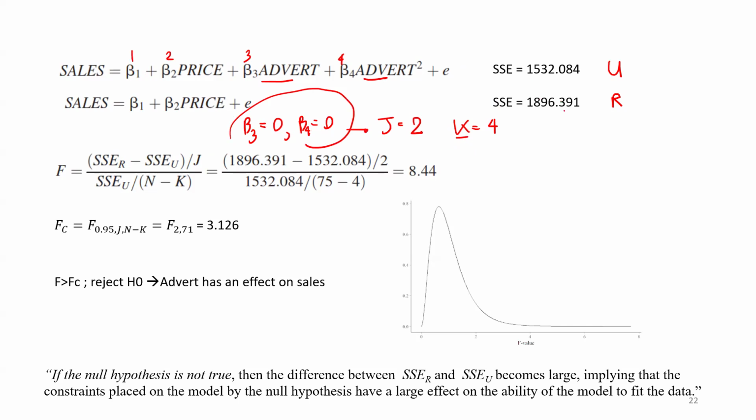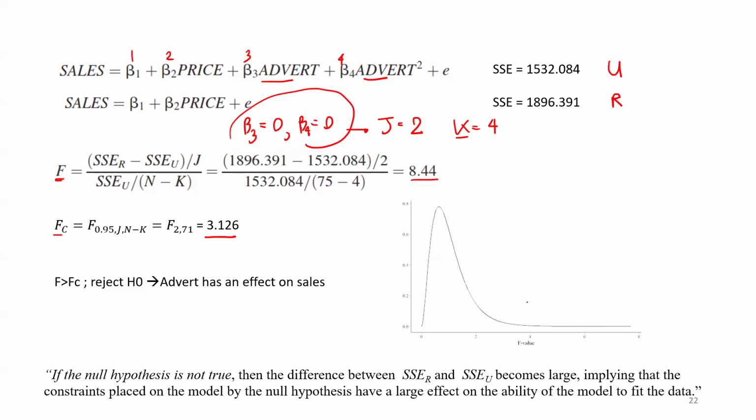Then finally, you gather all the information. Then you can compute F statistic equal to 8.44. Then the third step, you have to open the F table. Then you get 3.126.